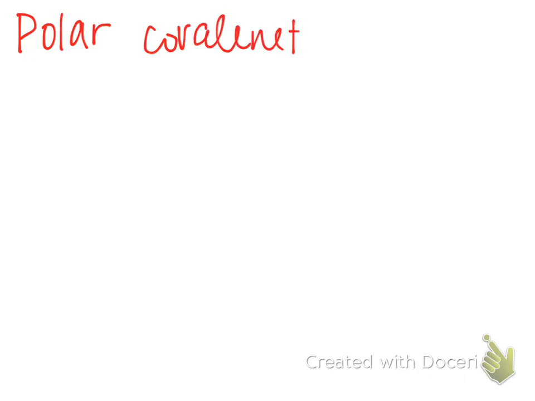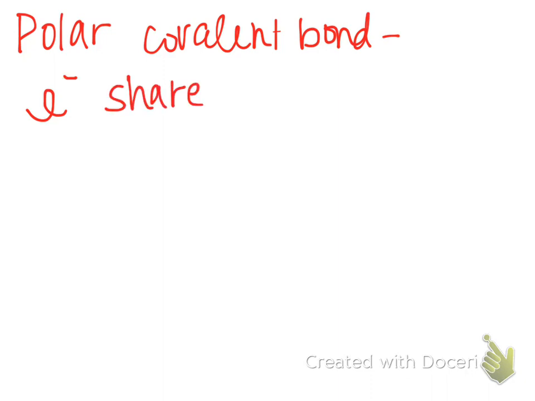But a polar covalent, I can't spell, I guess, is when we have electrons shared unevenly. Okay, so within a covalent bond, if we have electrons that are shared unevenly, this is considered a polar covalent bond.